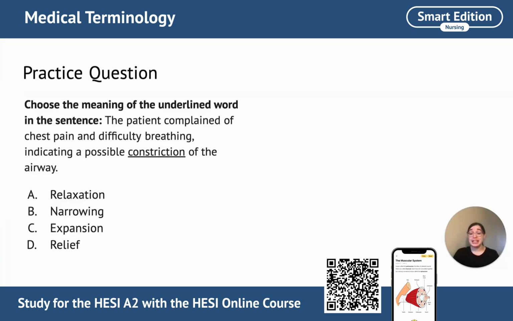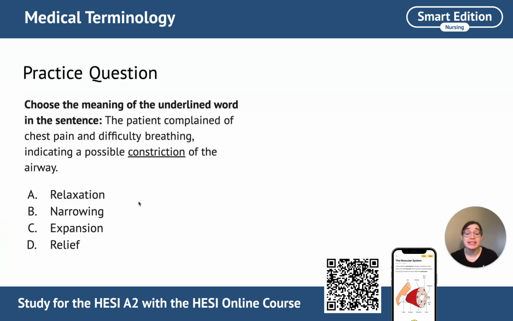The patient complained of chest pain and difficulty breathing, indicating a possible constriction of the airway. What does the word constriction mean? Is it A, relaxation? Is it B, narrowing? Is it C, expansion? Or is it D, relief? And keywords here that give us clues as to the definition of the word constriction are chest pain, the fact that the patient is complaining, and then difficulty breathing.